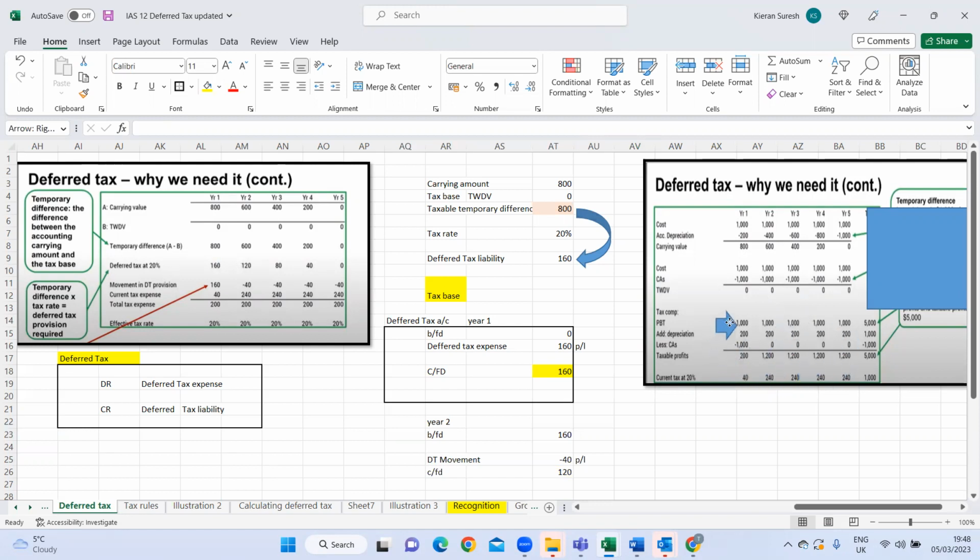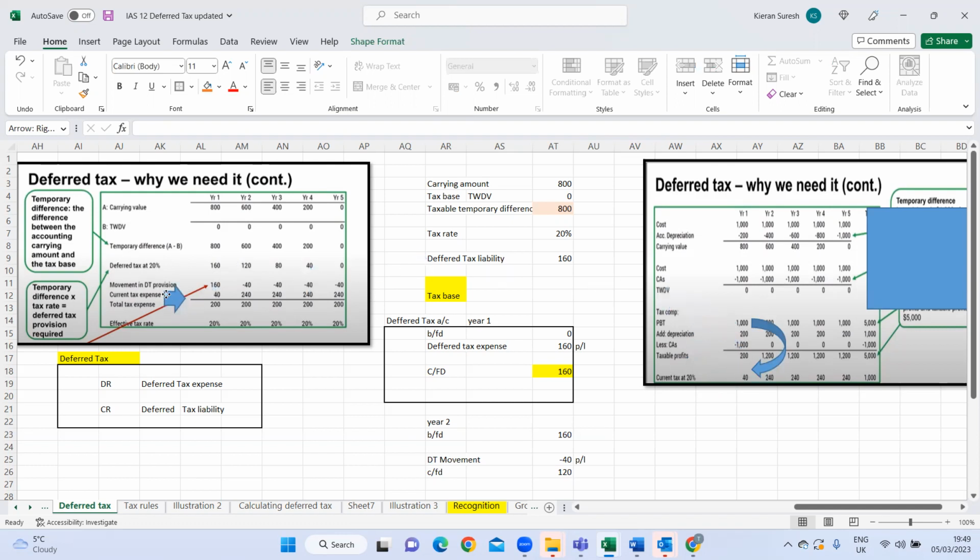The accounting measure which I made for 1,000, the tax effect and the accounting effect did not match, right? Why? Because the full amount was given in the first year allowances. So in my first year, the tax effect was different and did not match the accounting effect.